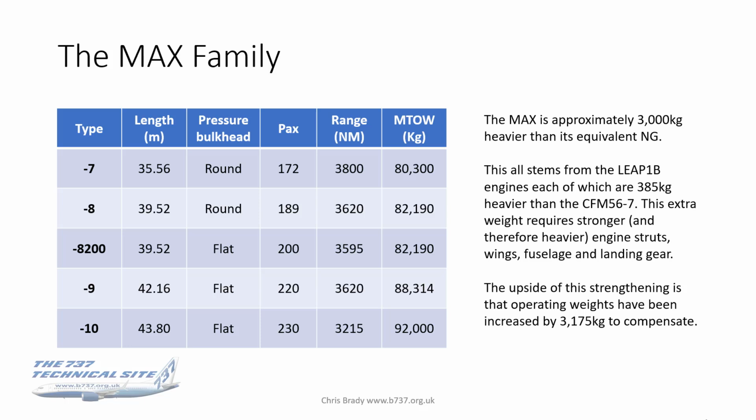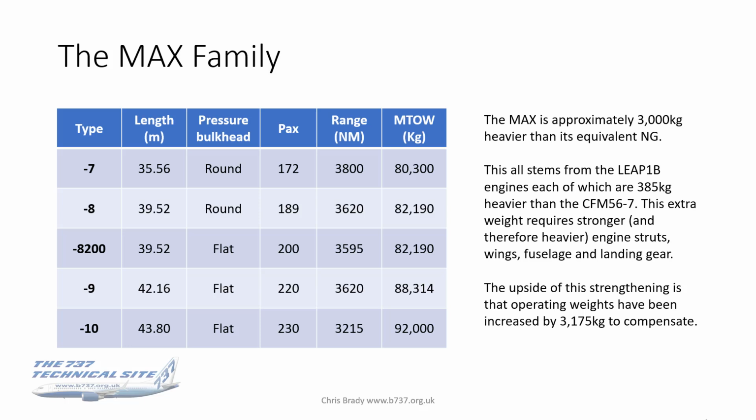Now all of the Max are around about 3 ton heavier than their equivalent fuselage length NG, and the reason for this basically is the LEAP engines. Now the engines are actually only 385 kilos heavier than the CFM56. So if you double that doesn't quite obviously get to 3 ton.